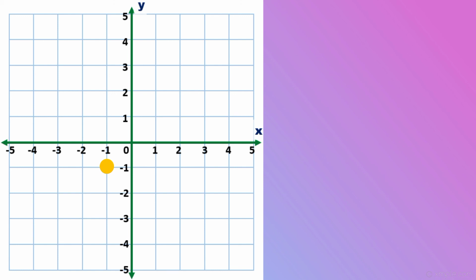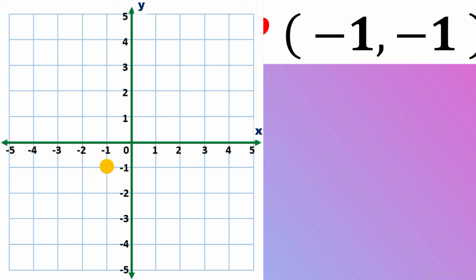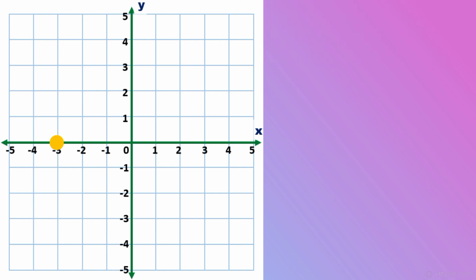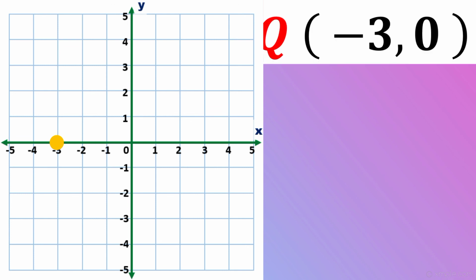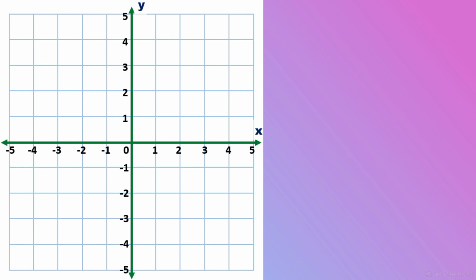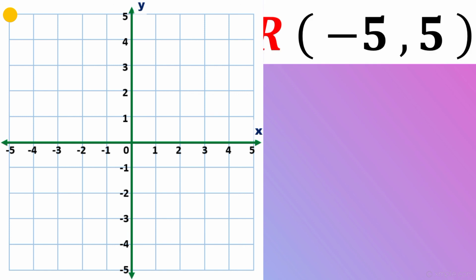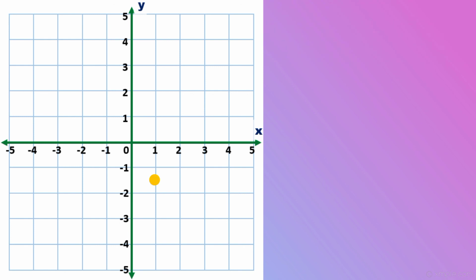This point has coordinates of -1, -1. And this point has coordinates of -3, 0. And this point has coordinates of -5, 5, or we can name it as point R. And how about this?